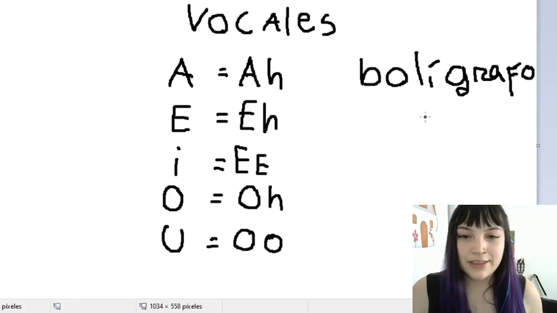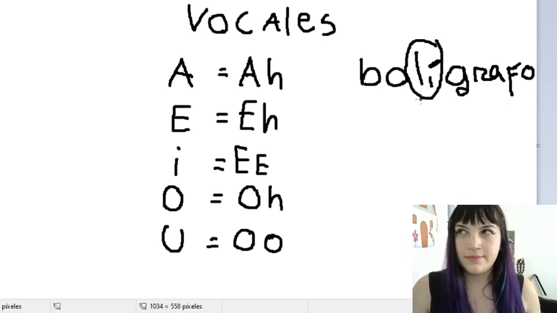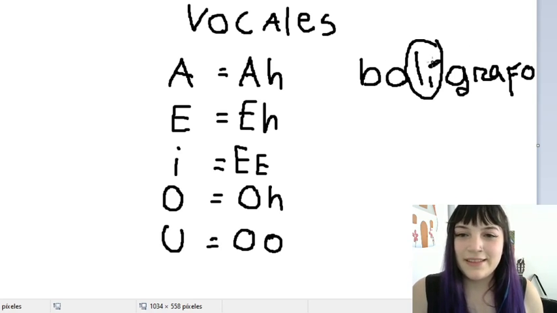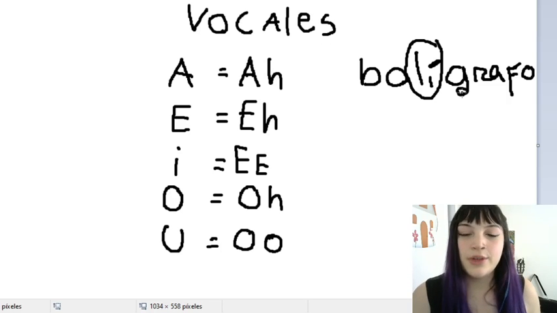The vowels are going to be always the same, always. We only have, sometimes, this little tilde accent mark. That means it changes the stress, where you stress the word.